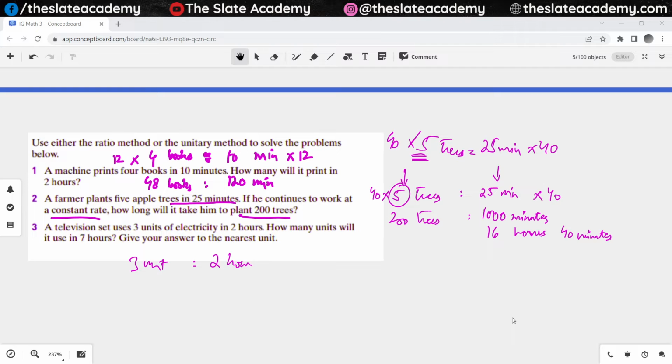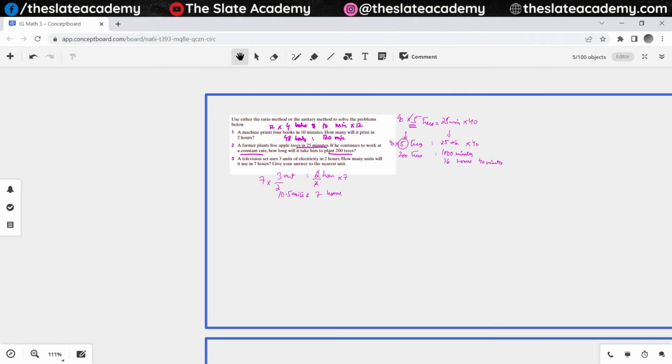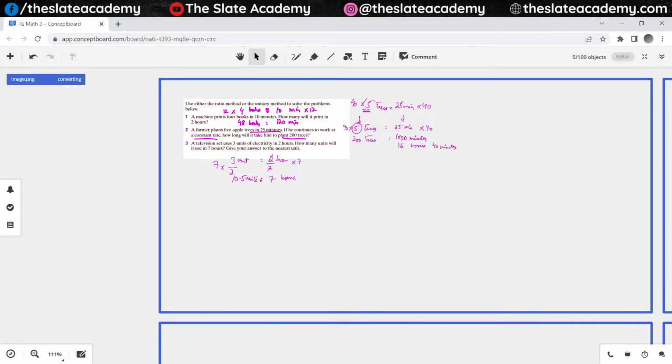So for 1 hour, it would be 2 by 2, and then for 7 hours, both sides multiply by 7. So 3 sevens are 21, 21 divided by 2, 10.5 units ratio 7 hours. Excellent. If we quickly move to the next few questions.